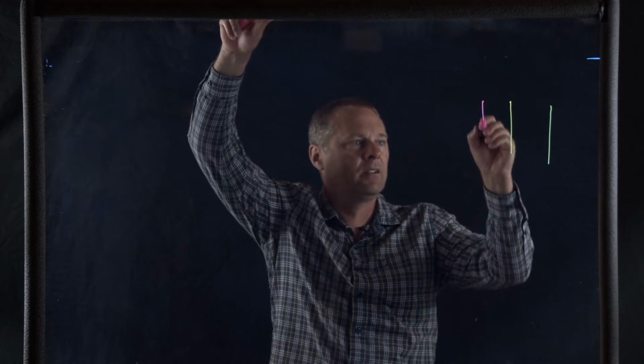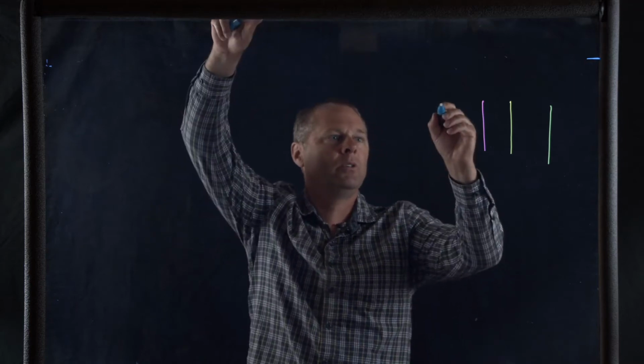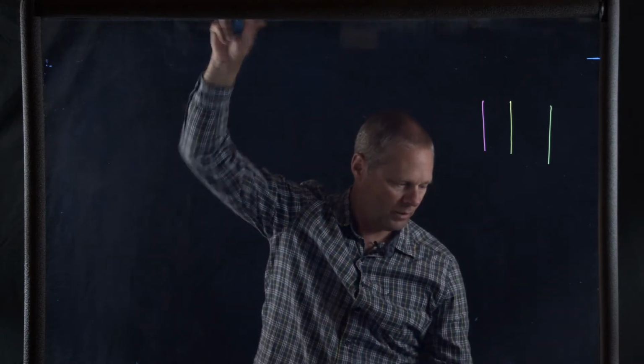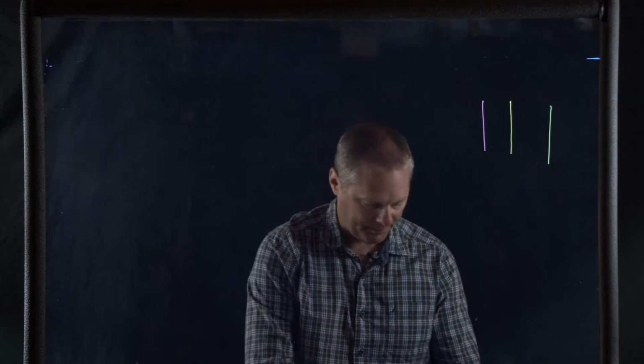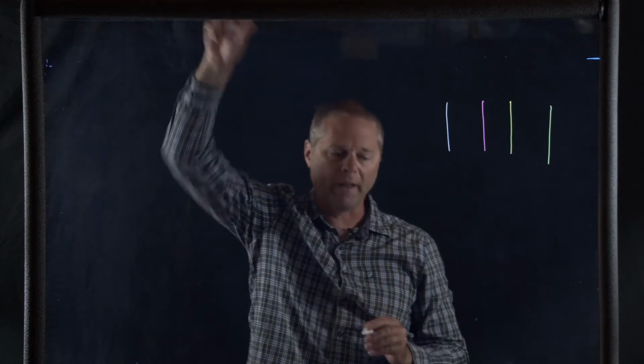I can also use pink. There's a pink one. Over here I've got a blue one. I'll show you real quick what the blue looks like. Blue doesn't want to work right now. I'm sorry about that. And then there's the white.